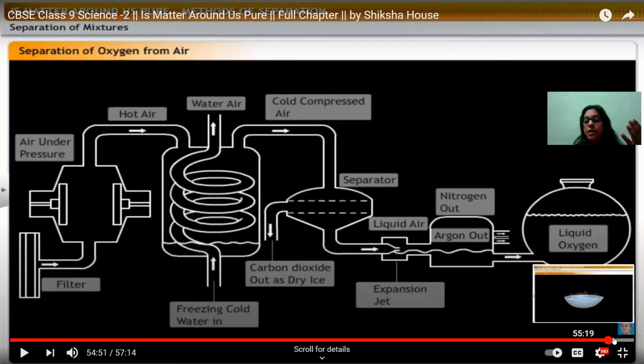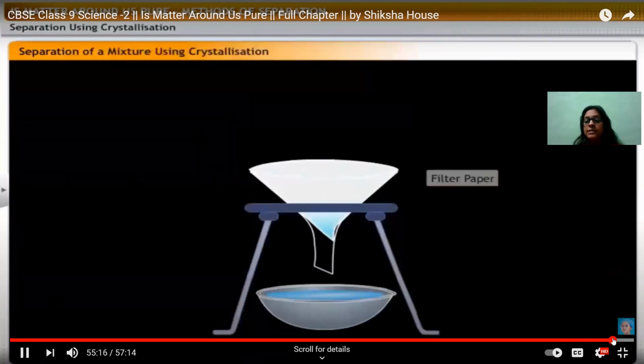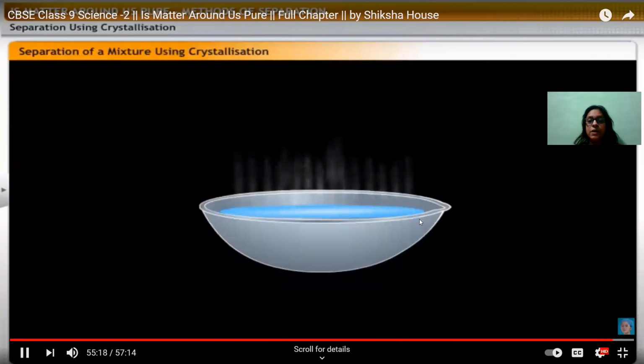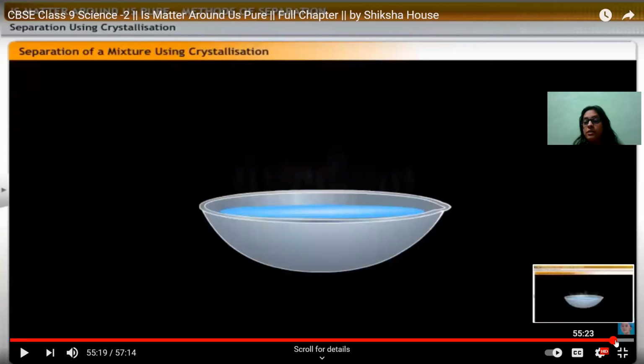Next, one more method: crystallization, to collect just the pure solid. For crystallization, suppose we take copper sulfate crystals and dissolve them in a very small amount of water so that it makes a saturated solution.